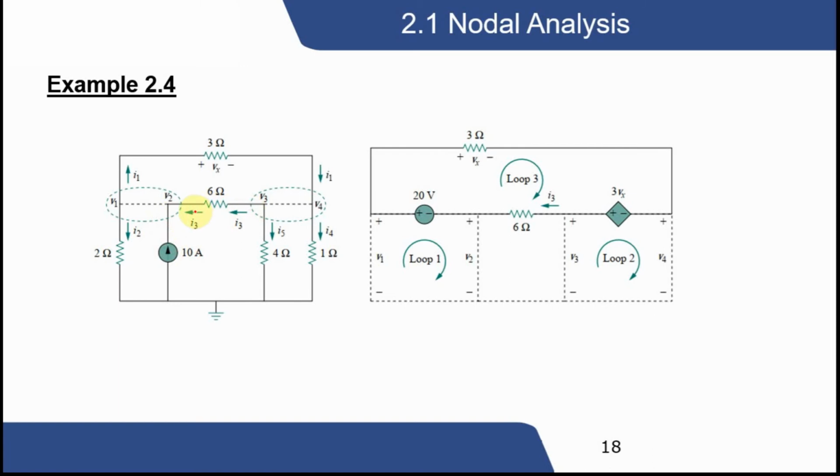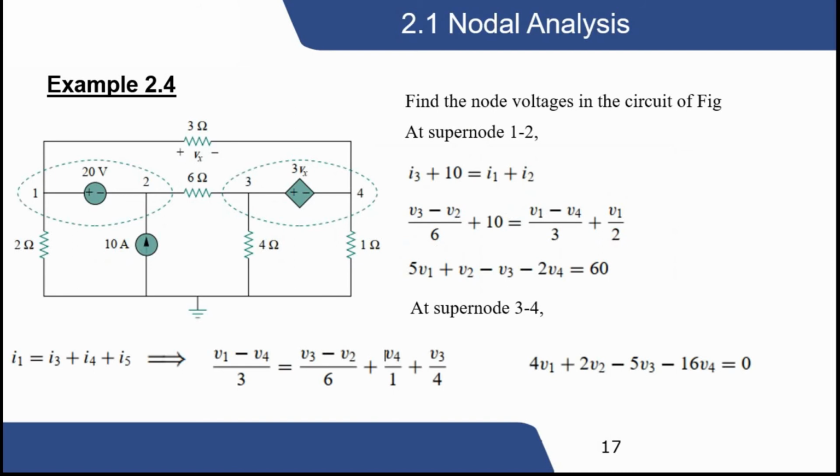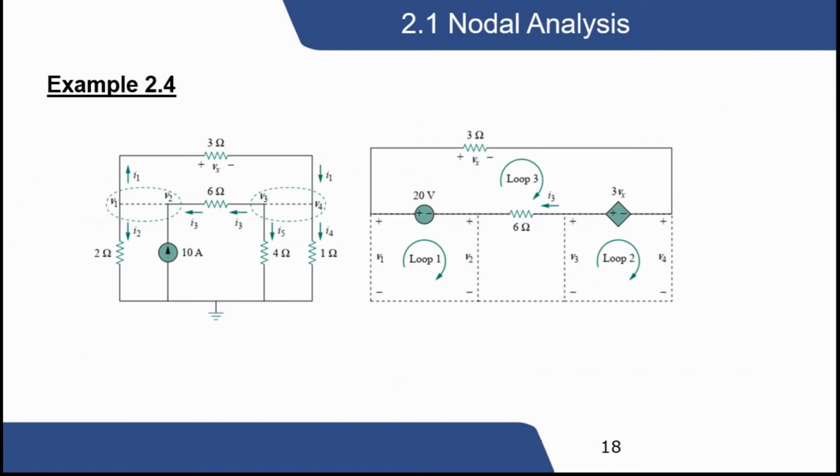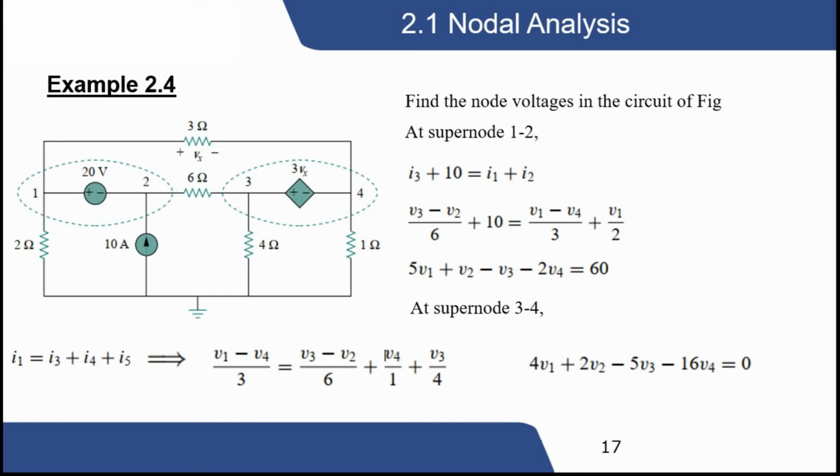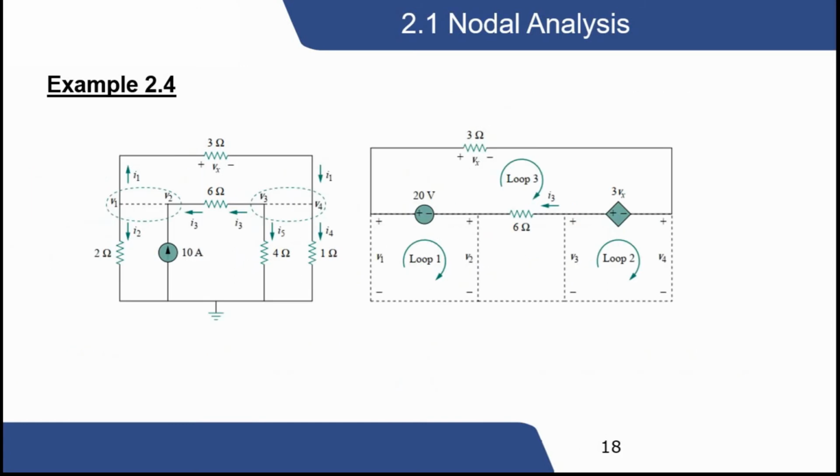So I3 plus 10 equals I2 plus I1. I hope you understand that. I2 and I1 are leaving on the right side, and the entering I3 and 10 ampere are on the left side. So what is the value of I2?